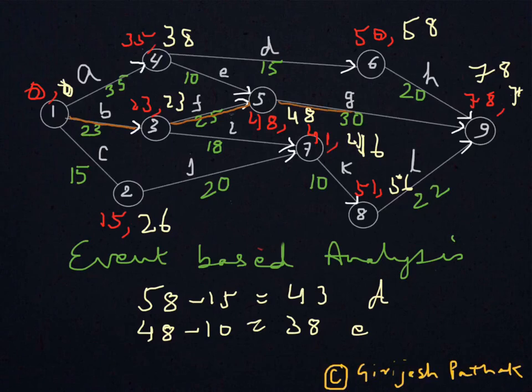So we notice that these activities, that is B, then F and G, these are lying on the critical path and they are the critical activities.